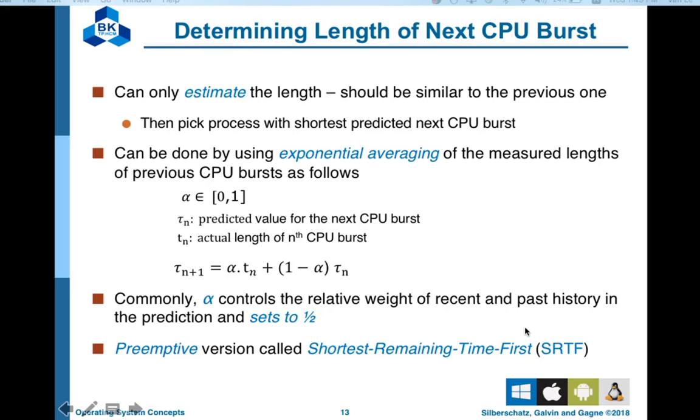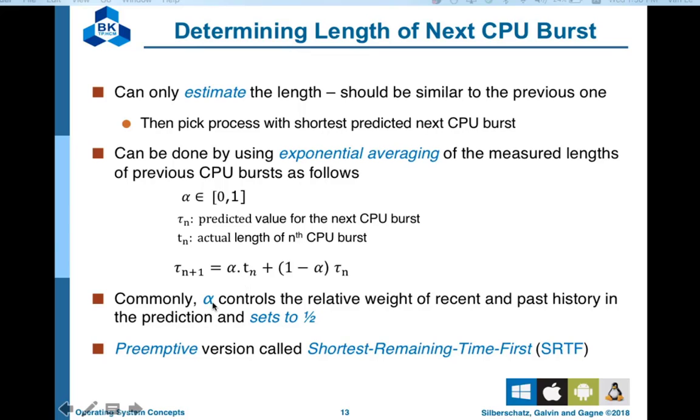To determine the length of the next CPU burst for SJF, we can use this formula. Tau n plus 1, where tau n is the predicted value for the next CPU burst, and t n is the actual length of the n-th CPU burst. And alpha here is the coefficient.